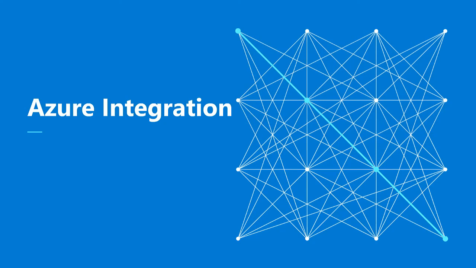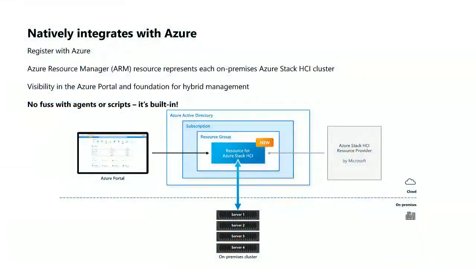Now, we mentioned some of the Azure integration for the hybrid capabilities. Inside of Azure Stack HCI, once you register with Azure, Azure Stack HCI does have a lot of the agents built in. There's nothing you have to install. They're already there. So you can quickly plug in, utilize Azure Resource Monitor.